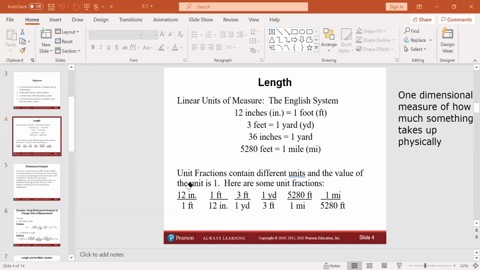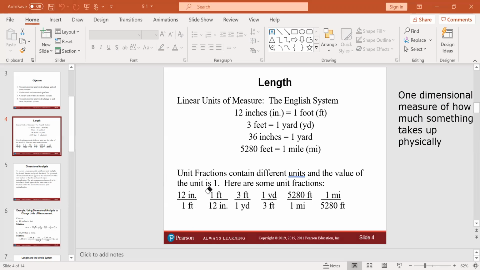But what we can do is use something called a unit fraction. We know there's 12 inches in a foot, so there are 2 unit fractions we can use to express that. I can say 12 inches per 1 foot, which is true. The word per makes us think of division, which is what's going on. We can also do 1 foot per 12 inches.